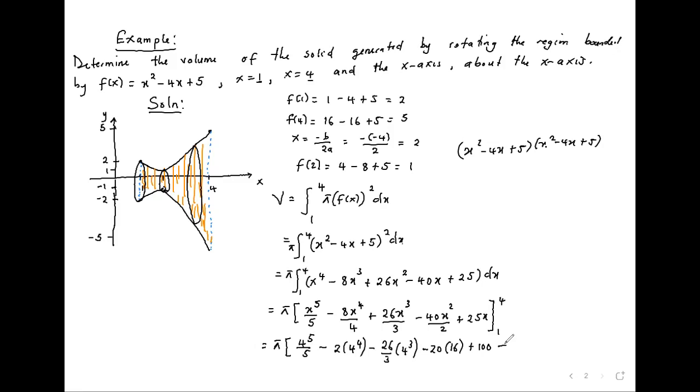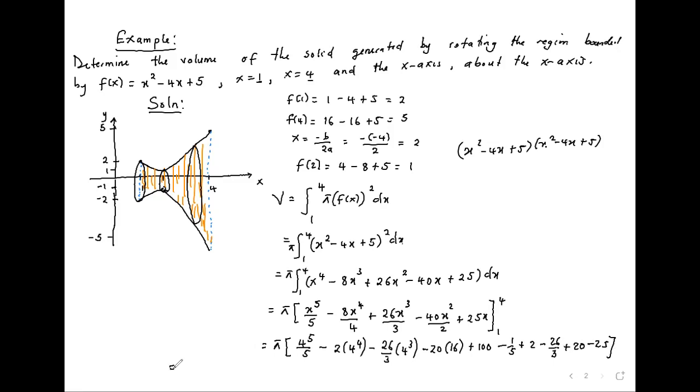Minus, we are now substituting 1, so we have 1 over 5. That one becomes plus 2, and then minus 26 over 3, and then plus 20, and then minus 25. So you simplify this one now.